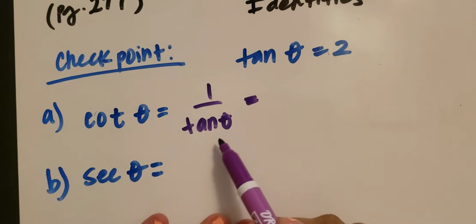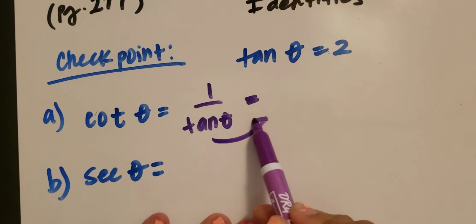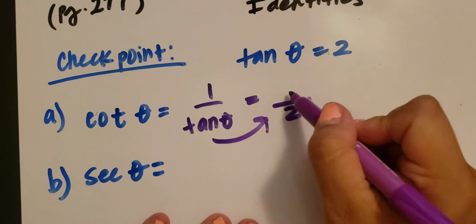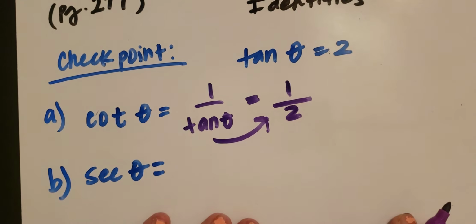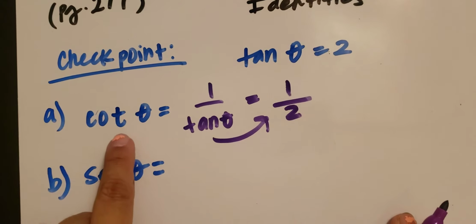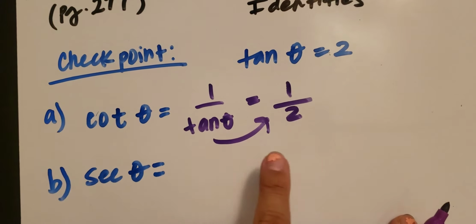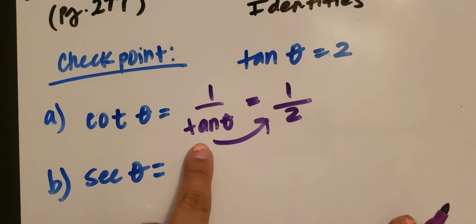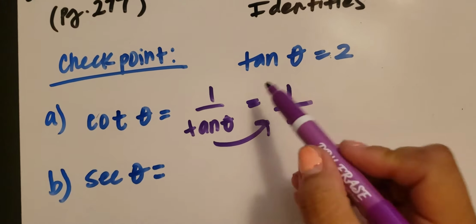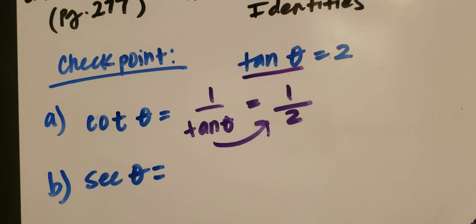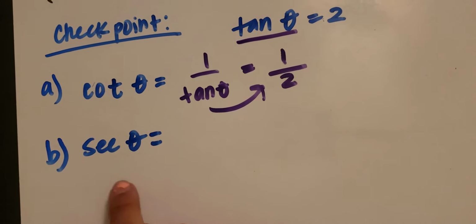Tangent of theta equals 2, so I would literally substitute that with 2, and we have 1 over 2. So cotangent of theta is 1/2. And that's it. All right, moving on to the next one.